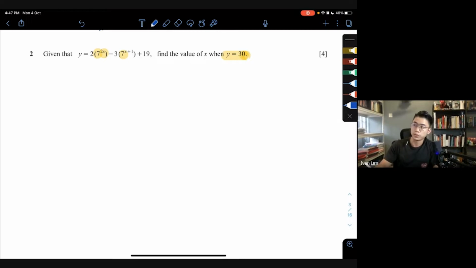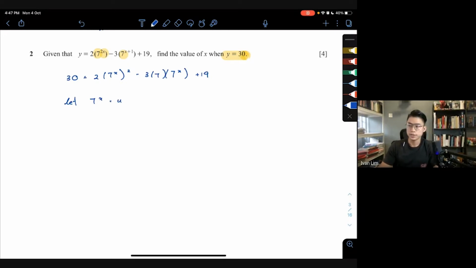So how I would write it: 30 equals, and if you're not sure, break it down into parts, the indices. Write it like this: 7 to the power of 1, or you can just write 7, times 7 to the power of x, plus 19. If you're not sure, break it down into parts.